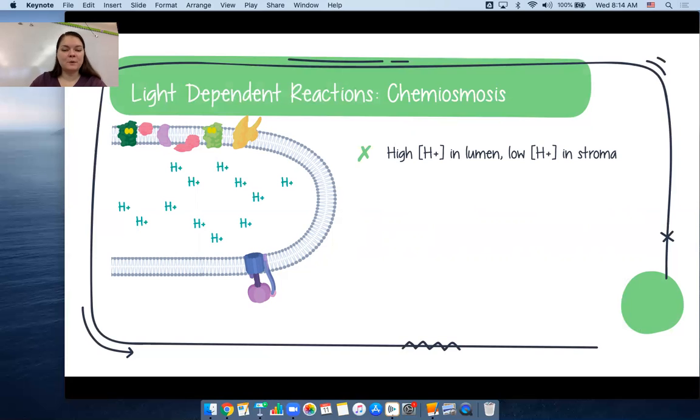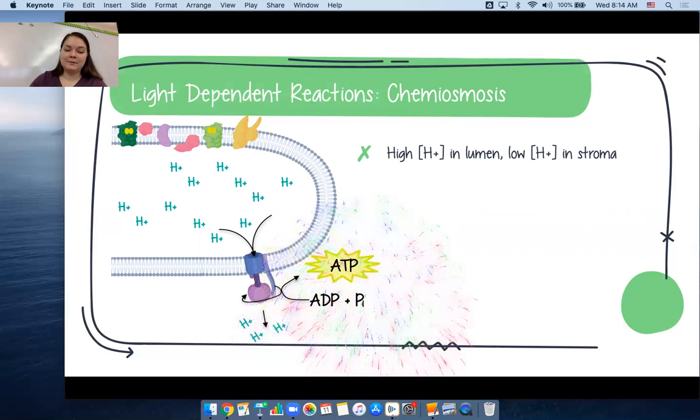Anyway, just like what we saw in chemiosmosis during cellular respiration, the protons are going to flow through the ATP synthase from an area of high to low concentration. And as this occurs, the ATP synthase will spin, giving enough mechanical energy to smack ADP and a phosphate group into ATP and form your ATP, okay?